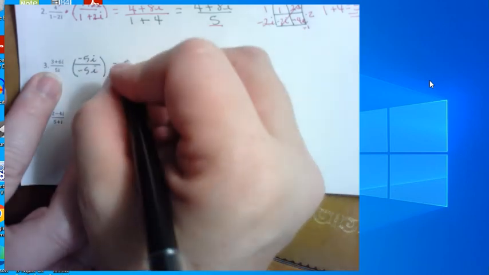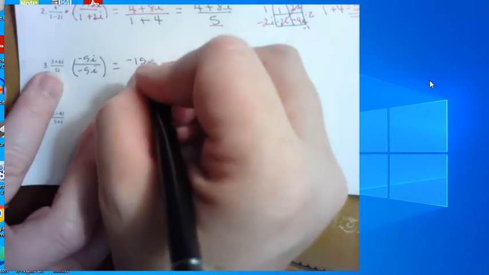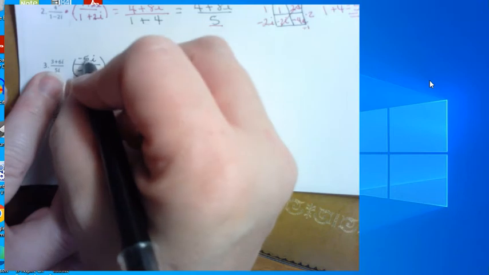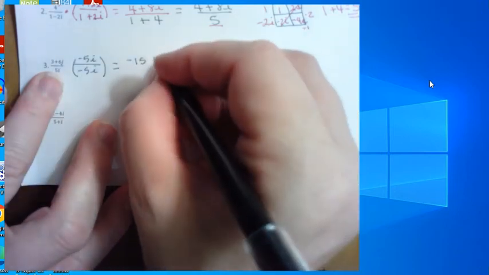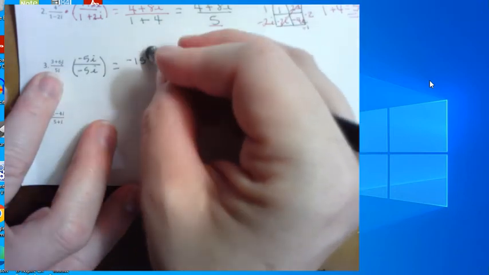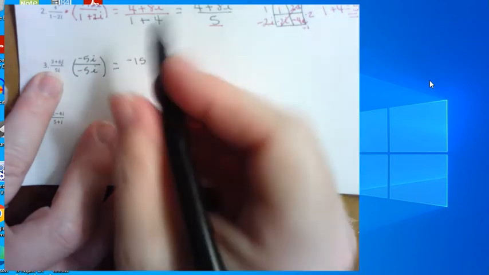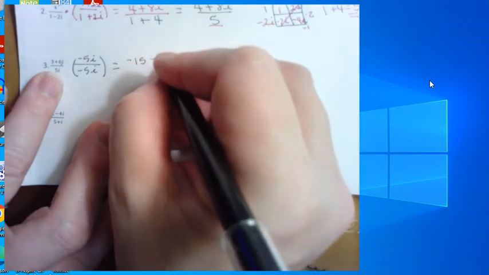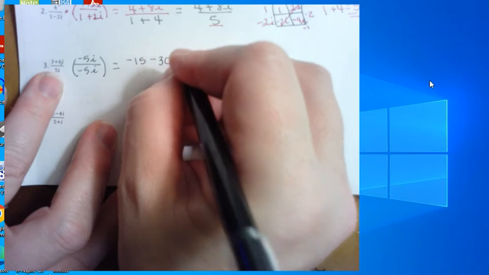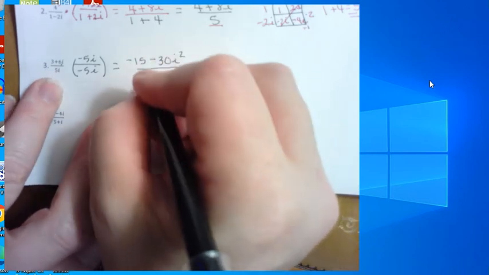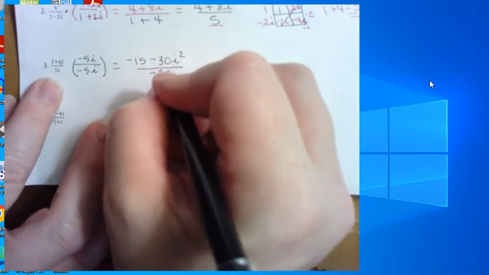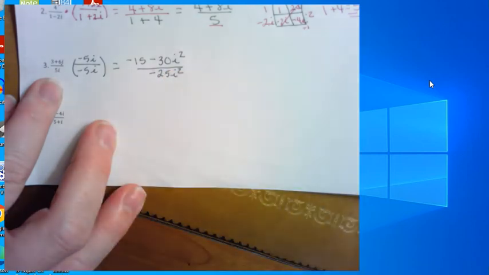Using the rule of the conjugate, 3 times 5 plus 5 times 6, that would have been a negative, minus 30i squared, all over negative 25i squared.